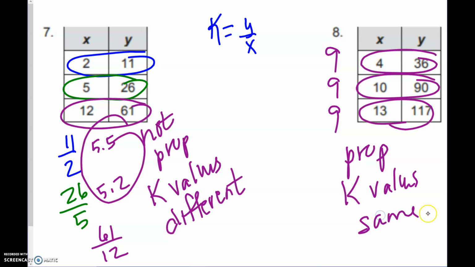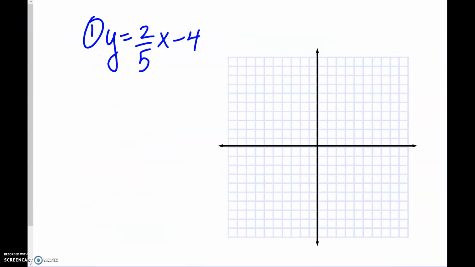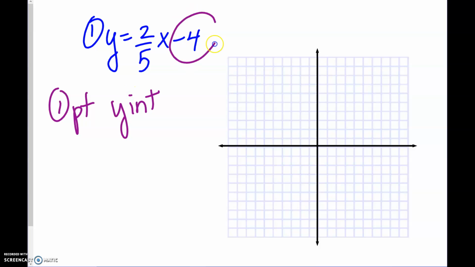Okay, I just want to go through one more problem that I got to find here. All right, how do we graph this? Okay, so the first thing we're going to graph is a point. What point? The y-intercept. So what is the y-intercept? The y-intercept is -4. 1, 2, 3, 4. Graph that point. And then now we're going to use your slope to find more points on here.